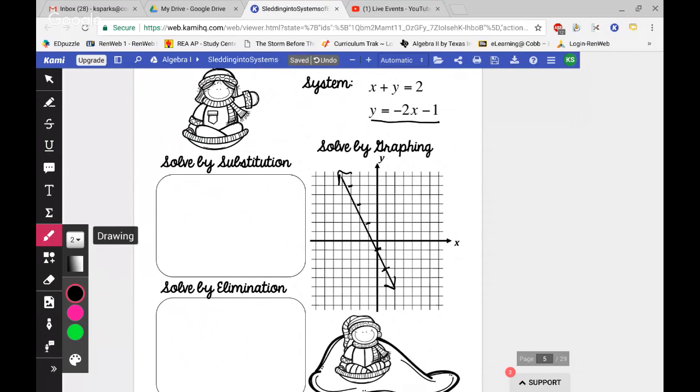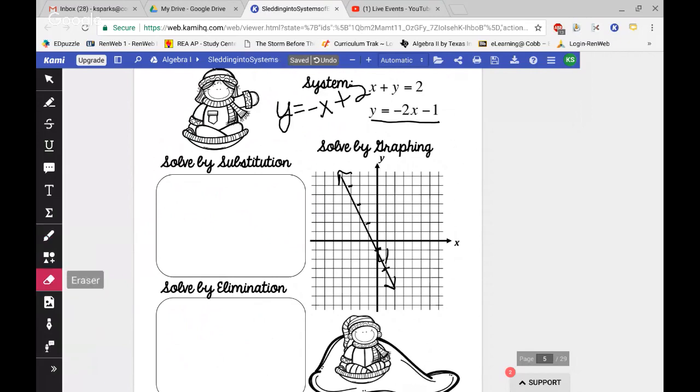It kind of moved on me. This one, the x plus y equals 2, I need to put it in slope intercept form. So I'm going to subtract an x from both sides, and that would give me negative x plus 2.